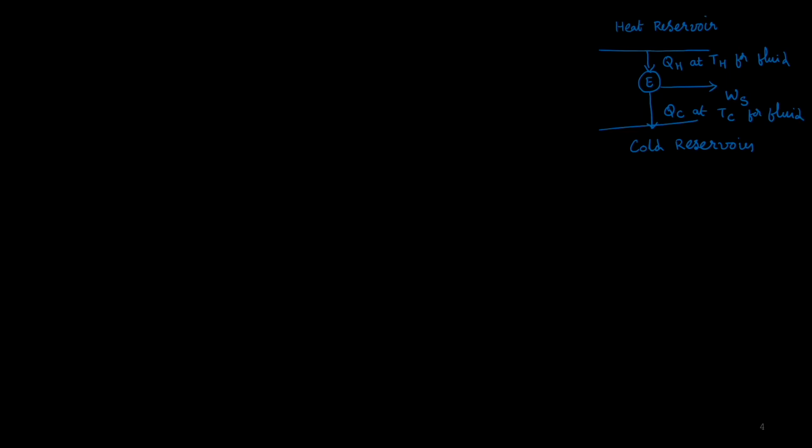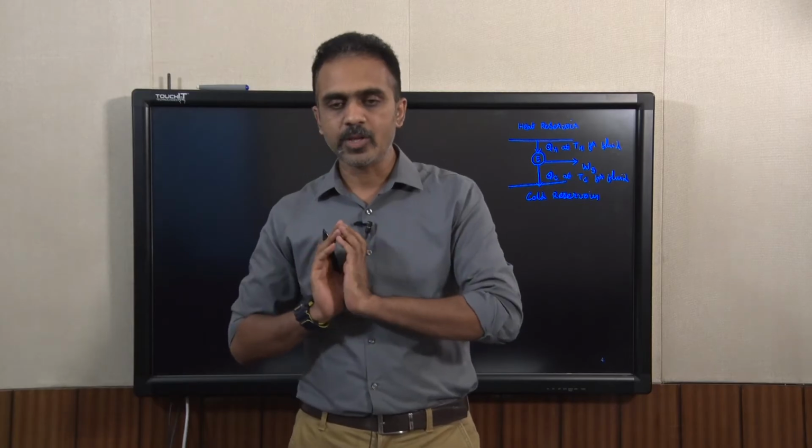By doing this, if I were to just absorb heat from the hot reservoir and do some amount of work, there is a change, like we have seen in the earlier example, in the conditions of the working fluid. And if I were to bring this working fluid back to its original state so that it can accept another batch of heat from the hot reservoir, and then I can make a cyclic process out of it, it has to discard some amount of heat to the cold reservoir.